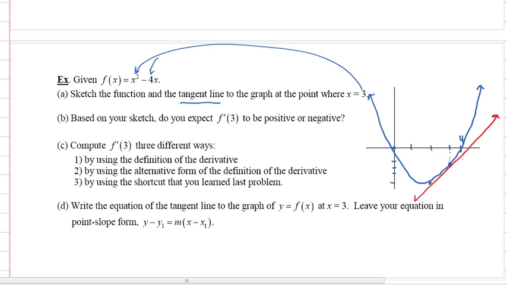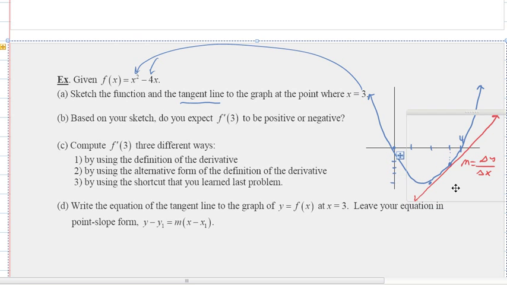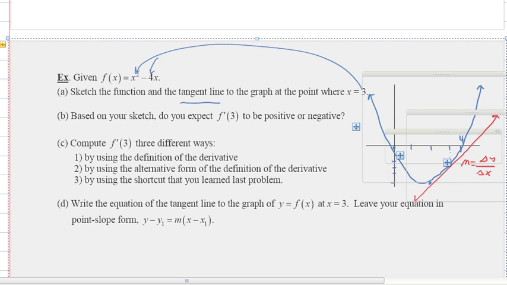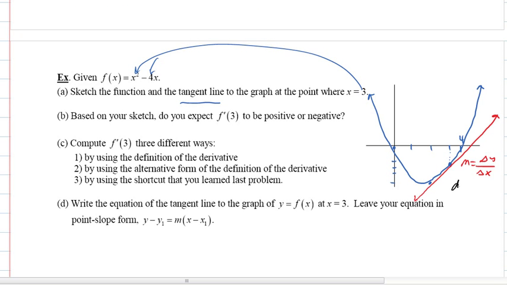The slope of the tangent line is a rise over a run, and we know that the slope of the tangent line is the derivative. Letter B: based on your sketch, do you expect f prime of 3 to be positive or negative?